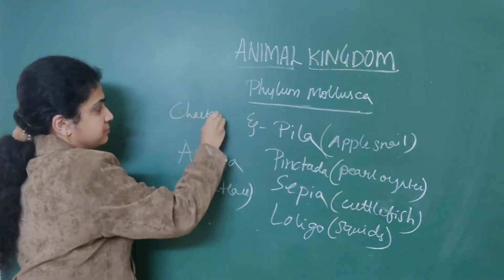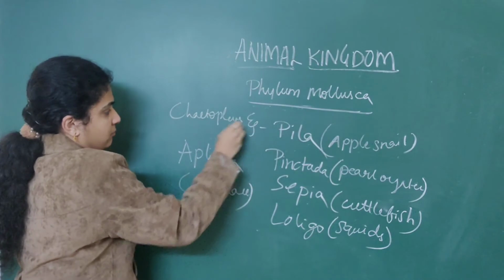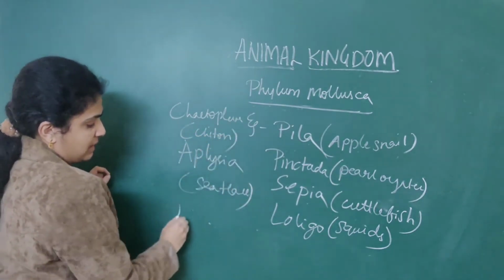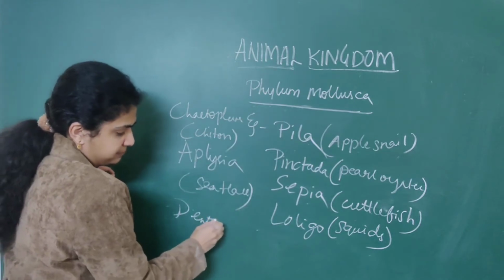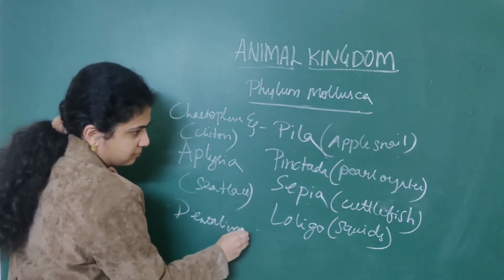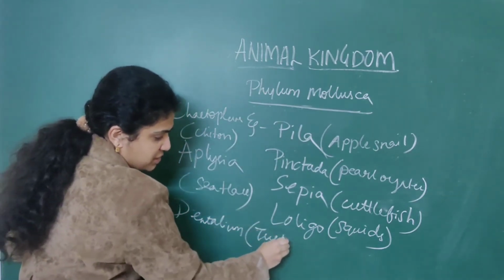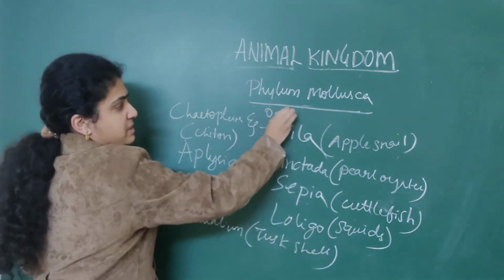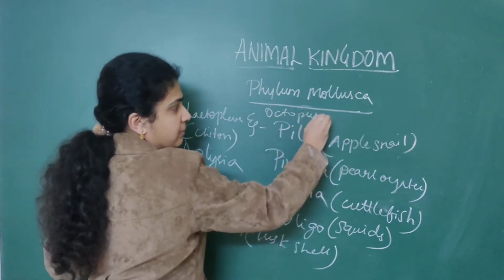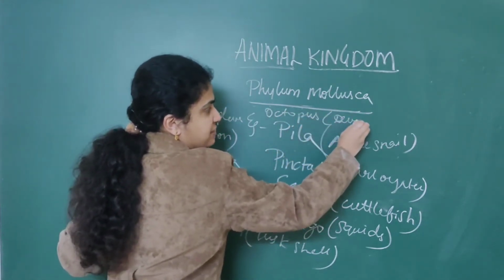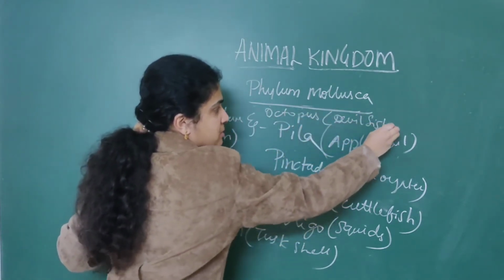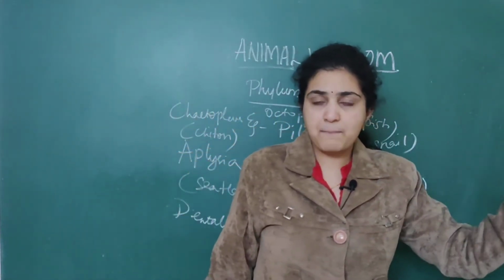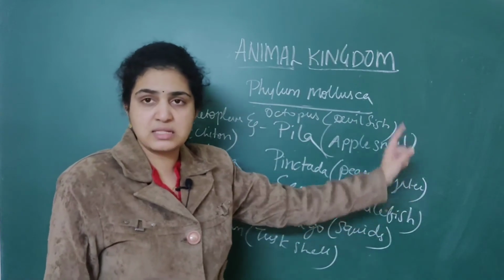Chaetopleura, chiton. Next, Dentalium, tusk shell. Octopus, devilfish. So these all are the examples related to phylum Mollusca.